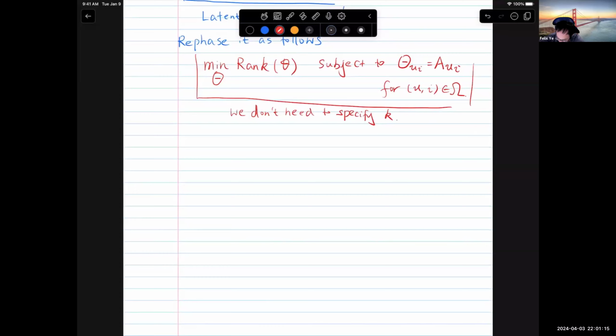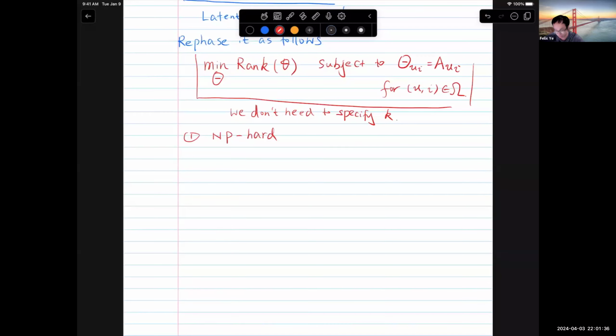The first issue is this is an NP-hard problem. If you don't know what an NP-hard problem is, it means this is an extremely difficult problem to solve. There is no efficient algorithm, so it would take almost forever to solve.